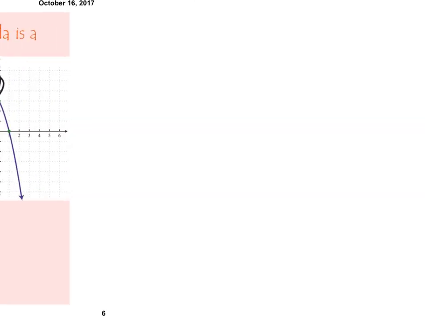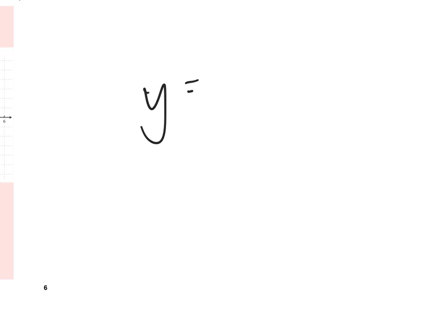So let me just ask you this. If I just give you 6x squared plus 3x plus 4, I can tell by just looking at that whether this is going to have a max or a min. Can you tell? Is it a U shape or a mountain shape? U shape. That is going to be a U shape because it hasn't been flipped over.